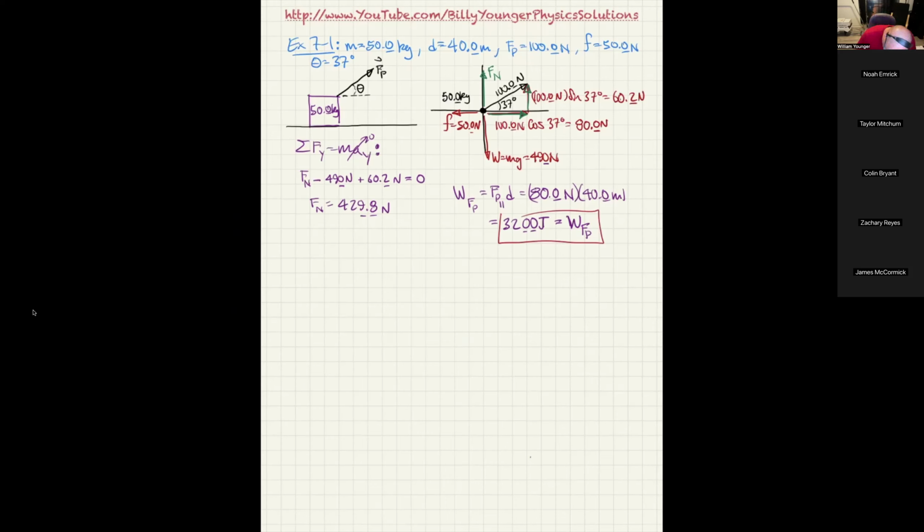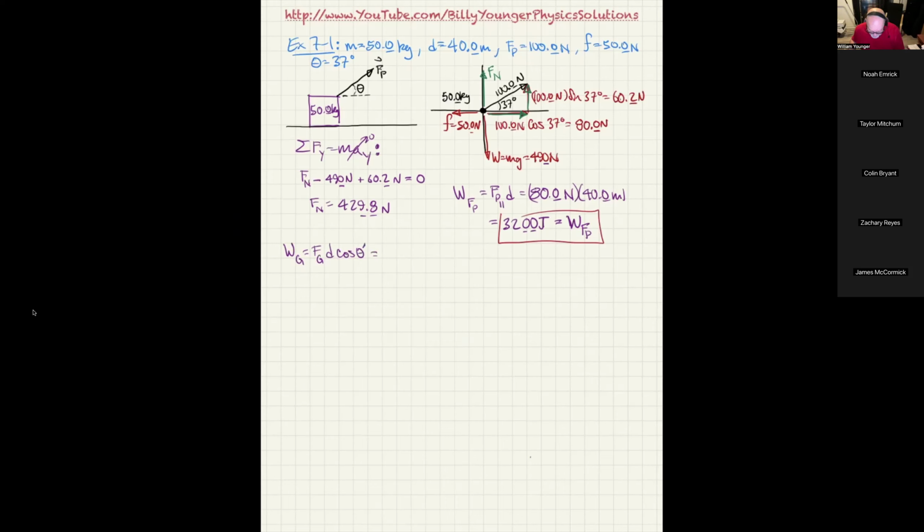Let's look at the work done by gravity. So the work done by gravity is equal to the force of gravity times the D times the cosine of the angle between them. In this case, I wrote theta because that's the generic angle, but technically we've already called theta 37 degrees, and therefore I should probably put a prime on it just to make sure you guys know that I'm not talking about the theta that we have there.